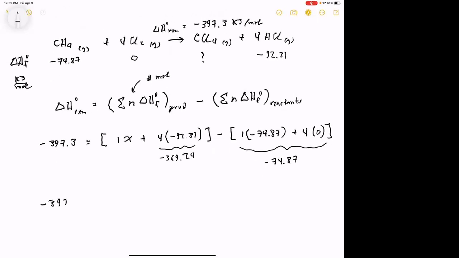Minus 397.3 is going to equal X, because 1 times X is just X, minus 369.24 kilojoules. And then we've got, additive, minus 74.87. But watch out, I have a negative times a negative in there. So I have to remember that that negative distributes inside.